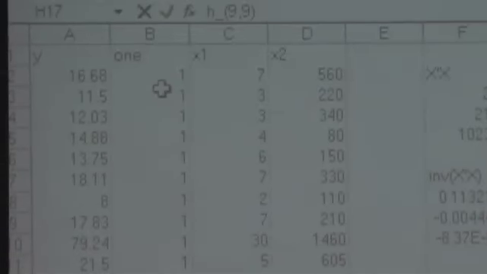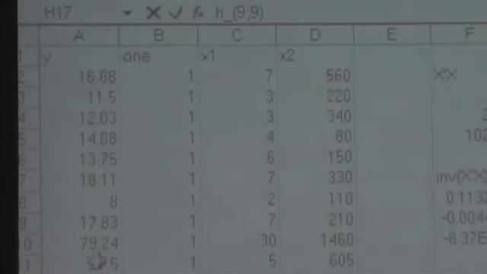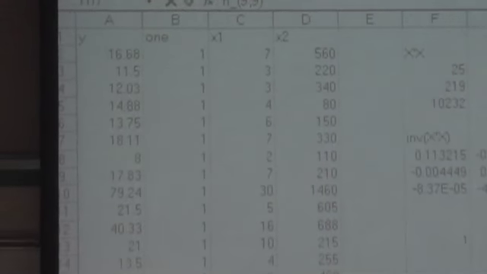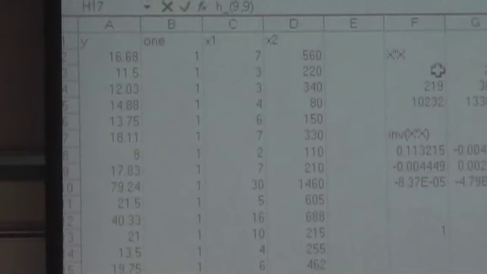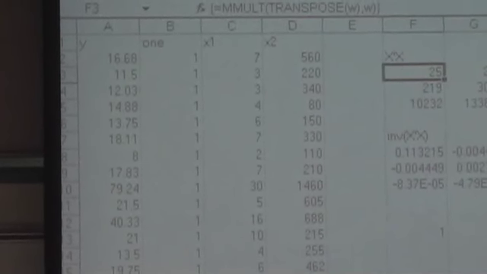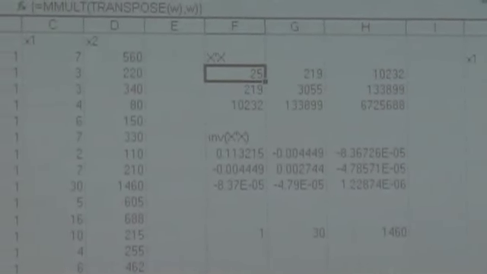So p is 3. n is 25, I believe. Rows 2 through 26, there are 25 observations of delivery time data. You can see it up here, here's the 25. So what's 2 times 3 over 25? The 6 over 25, that's 0.24.